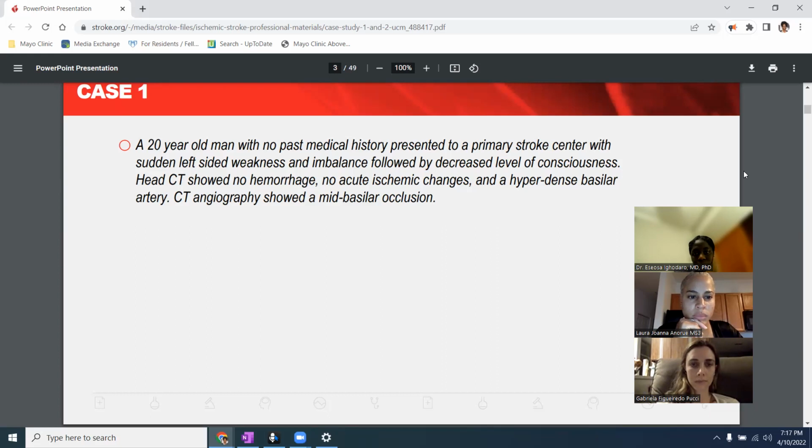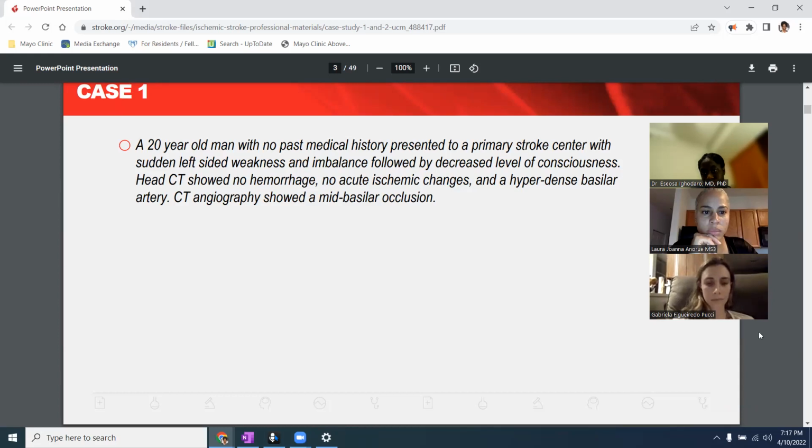So things that I'll be thinking about in my head is, number one, is this truly a stroke? Because there are stroke mimics. And if it is a stroke, then what's the time window? What's their last known normal? Because if it's an acute stroke, two things I'm thinking is this patient a candidate for TPA or mechanical thrombectomy?